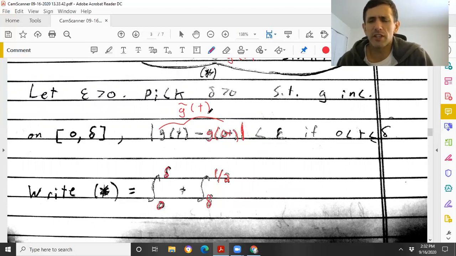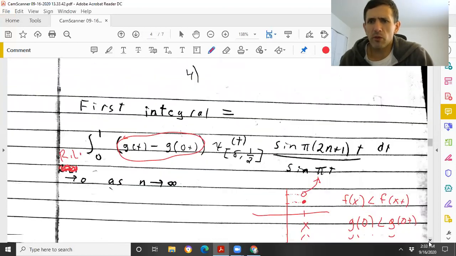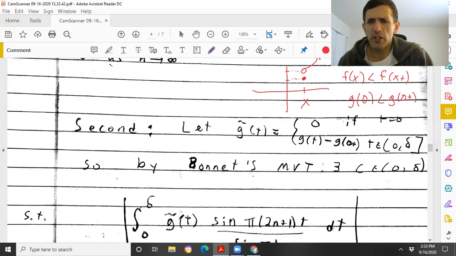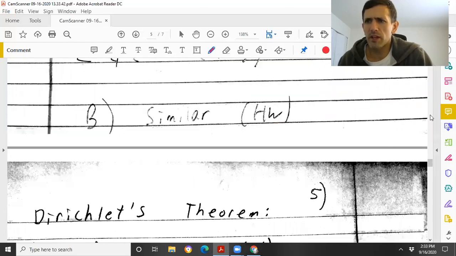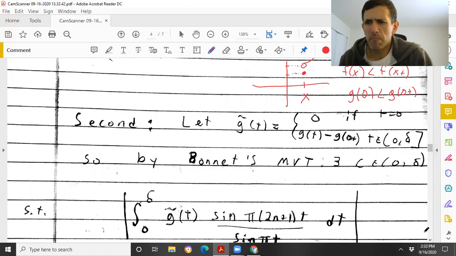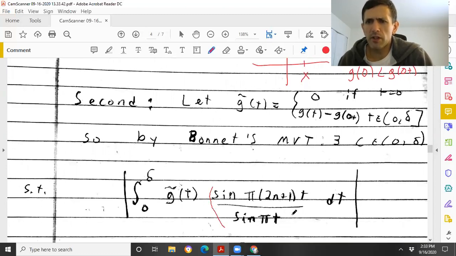This is increasing, but anyway, it's less than epsilon. So let's apply the Bonnet mean value theorem to this increasing function g tilde. Right, so this whole thing here is my f.